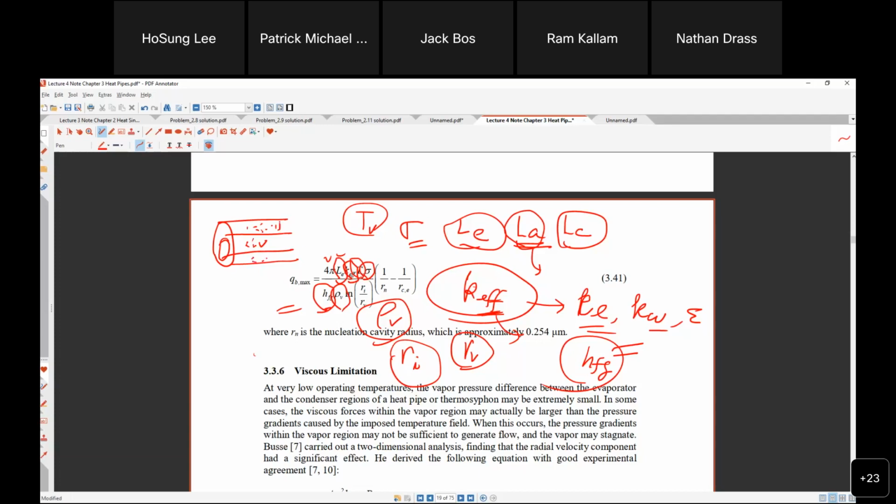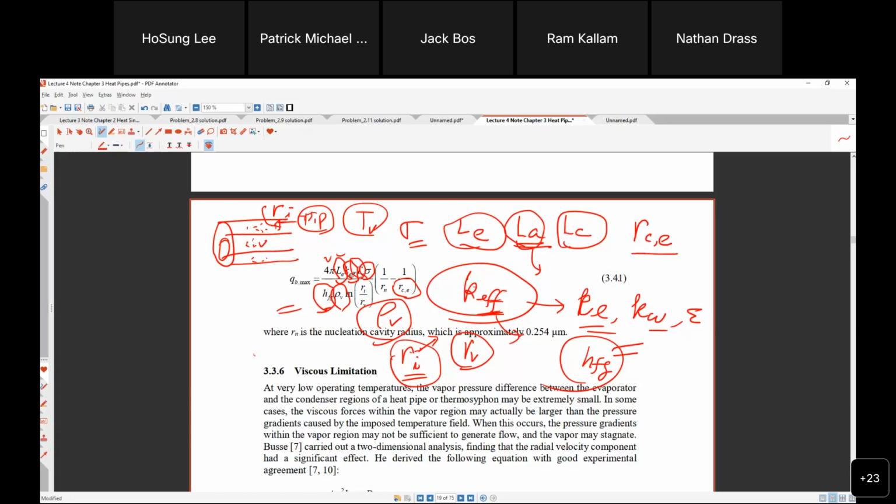RI is the inside pipe diameter, radius of pipe. Okay. So that's the wetted radius, basically? This is pipe radius inside. Okay.